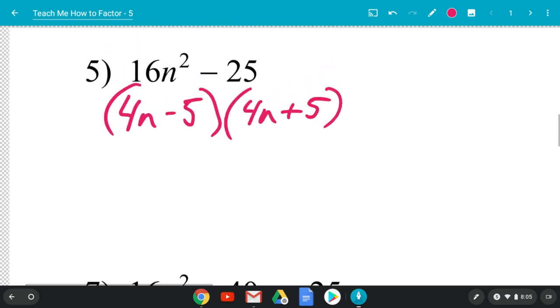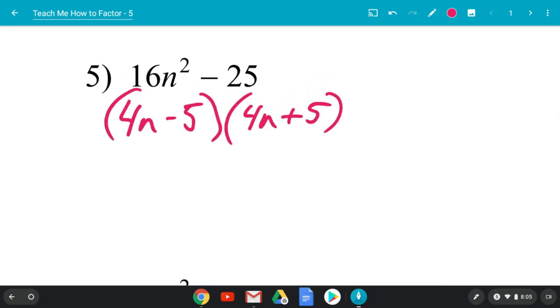We had 2 types of special ones. What were they? Difference of squares, these ones we did, and perfect square trinomials. What was the difference?